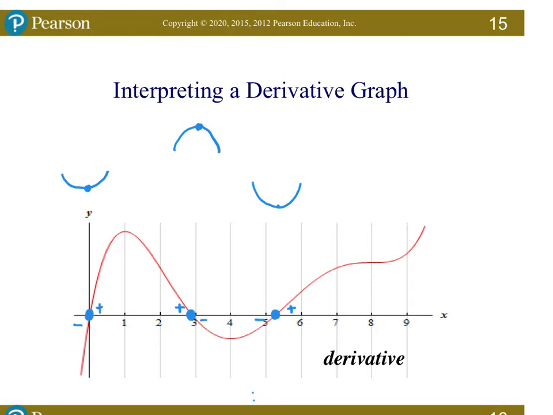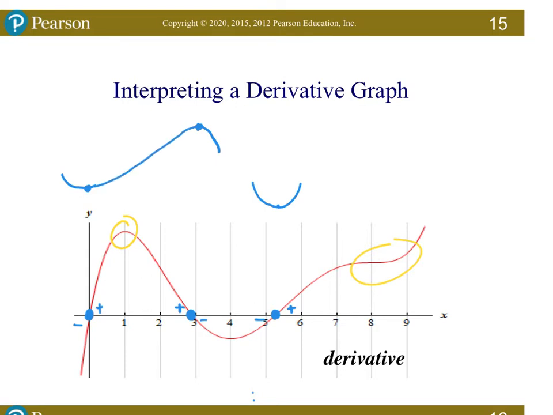So those are the most important points, those 3 points. The other stuff, like what's going on here and what's going on here, those are kind of meant to, not necessarily throw you off, but you have to focus on these most important points here, these 3 most important points. And then if you want to try and connect it, you can connect it in more of a smooth way. We can make the connection so it kind of looks like this and connects.